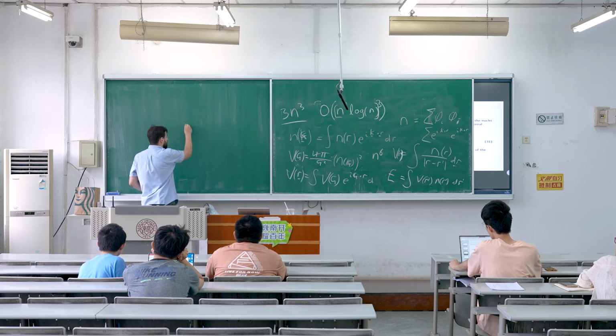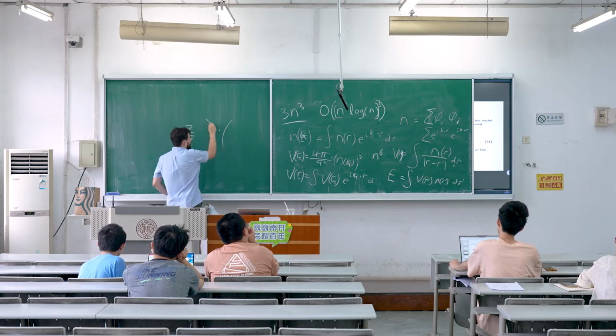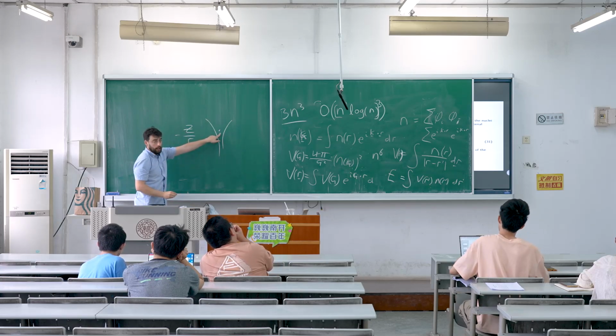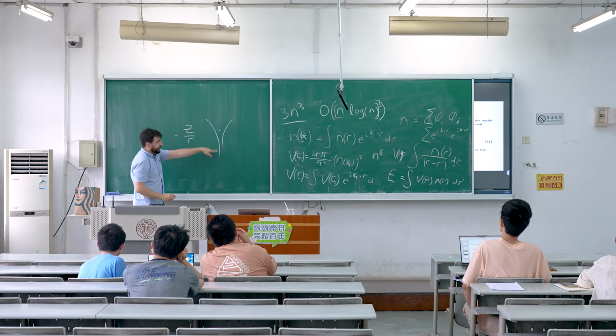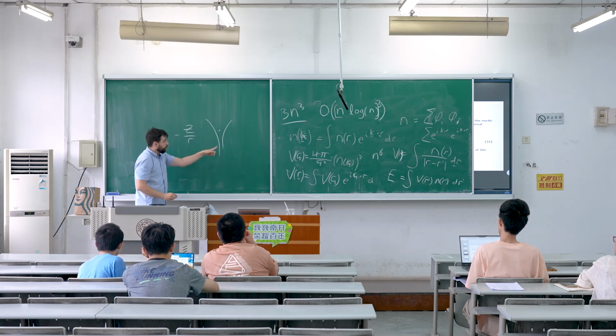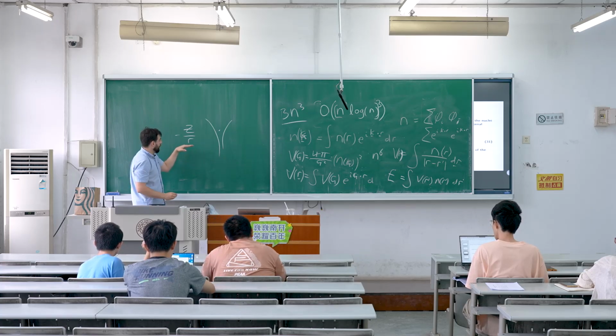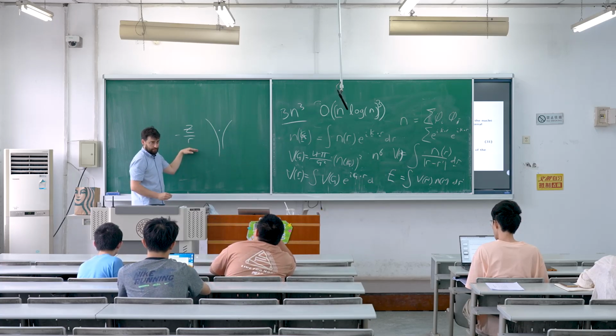We have to remember that the external potential looks something like this, and on our nuclei we have a singularity. Now, Fourier transforming a 1 over R potential is not computationally efficient.